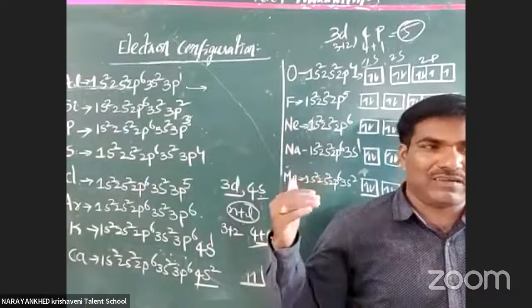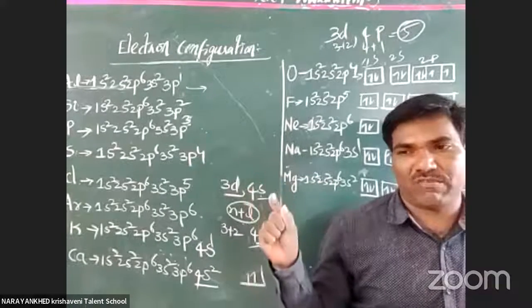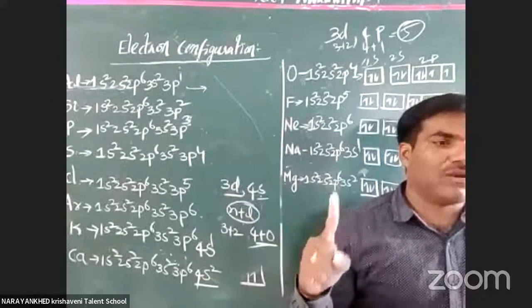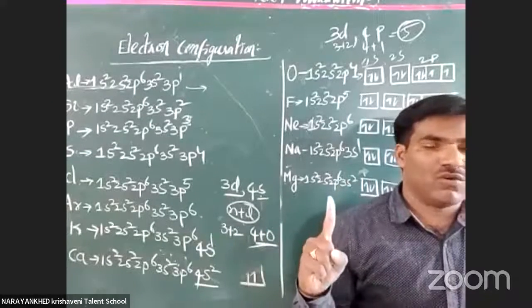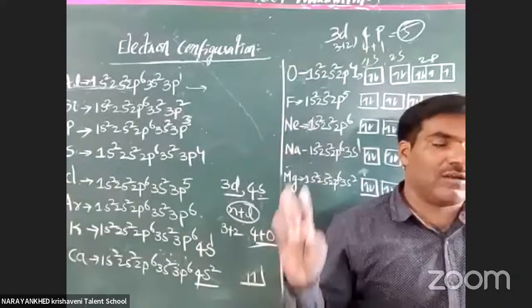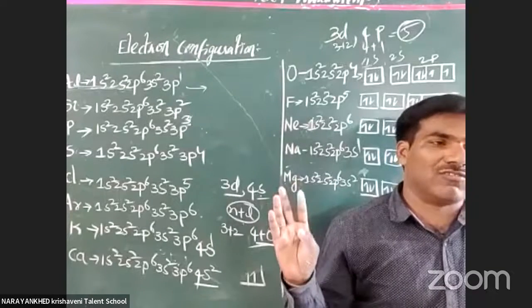Yesterday we discussed that every degenerate orbital contains two electrons. First you have to know how many electrons are in each orbit: first orbit 2 electrons, second orbit 8, third orbit 18, fourth orbit 32.